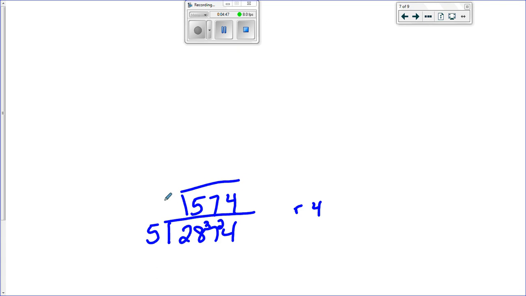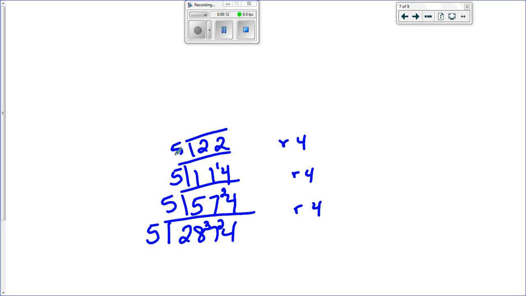So now I do it again. So I do 5 into 574. It goes once, 5 into 7 once with a remainder of 2, and again 4 times into 24 with a remainder of 4. 5 goes into 114, 5 goes into 11 twice with a remainder of 1, into 14 twice with a remainder of 4. 5 goes into 20 4 times, now the remainder is 2. 5 doesn't go into 4 because 4 is too small, so it goes in 0 times, remainder 4.